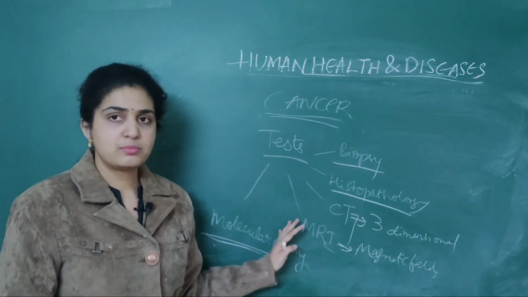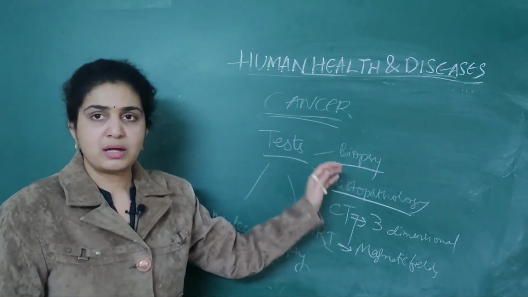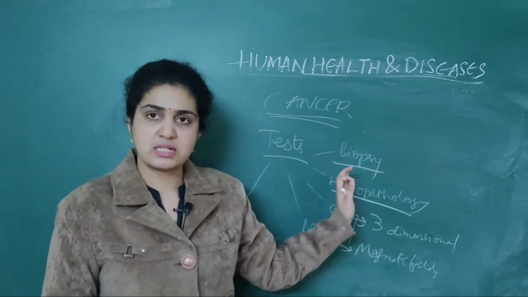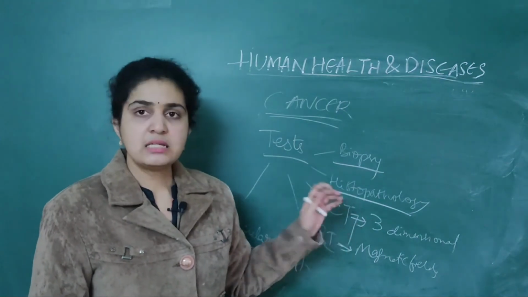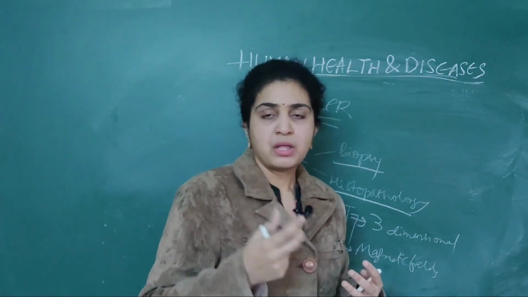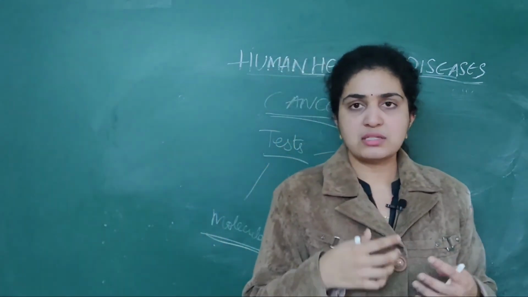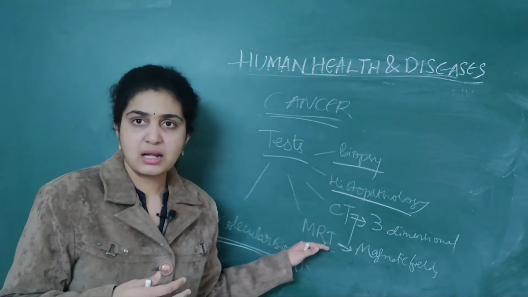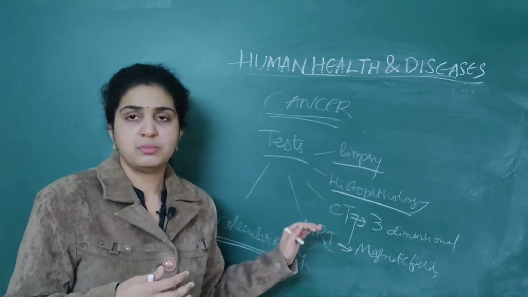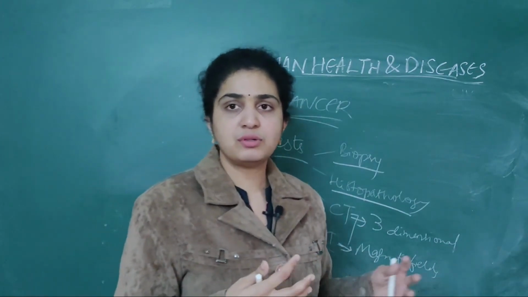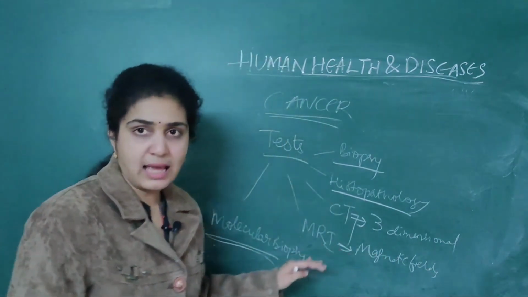What are the four types of tests? Biopsy and histopathology: simply take sections and observe under a microscope with staining. Then CT or X-rays, where you can see the three-dimensional structure of the tumor. Then MRI, magnetic resonance imaging, where you can see the magnetic fields associated with cancer.